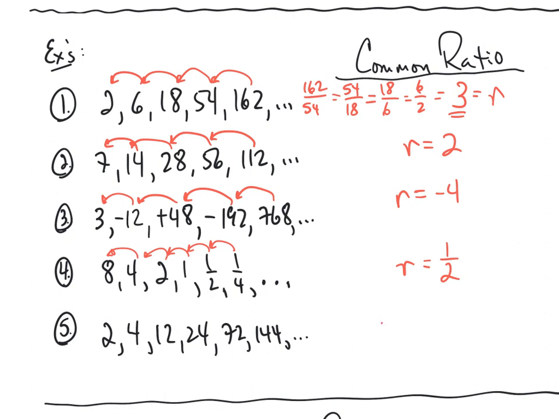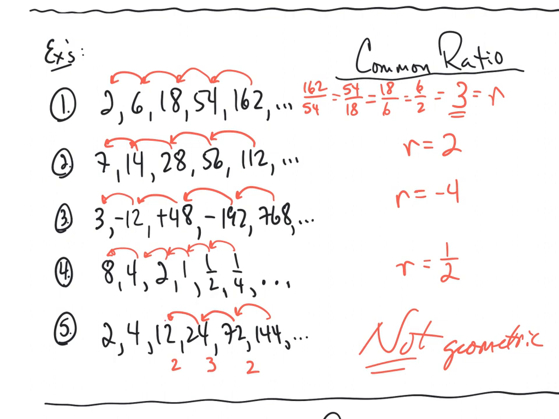Now, my fifth example is not geometric because we don't get the same value every time we take a ratio. 144 divided by 72 is 2, but 72 divided by 24 is 3, then 24 divided by 12 is 2, then 12 divided by 4 is 3, then 4 divided by 2 is 2. We don't get the same value every single time, therefore that one is not geometric.